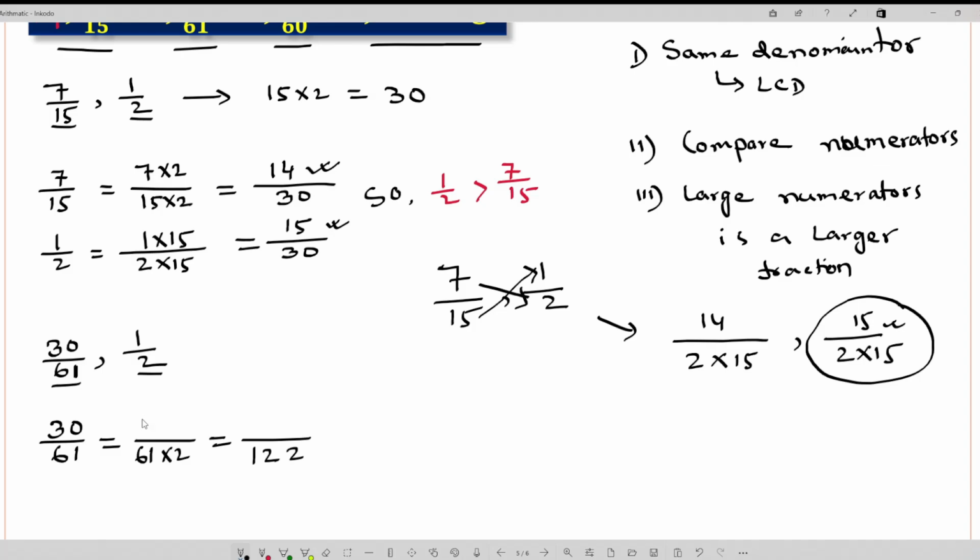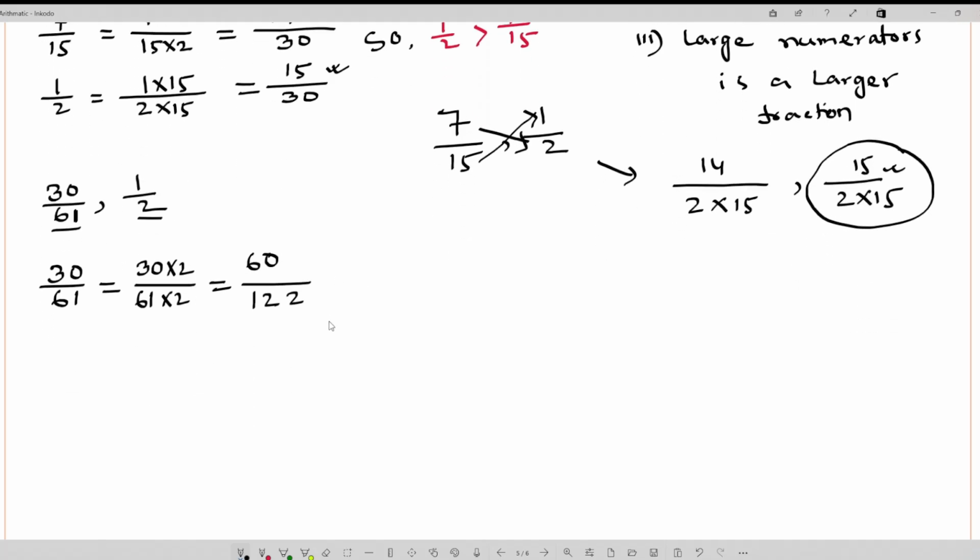So we write 30 times 2, which is 60. Similarly, 1 divided by 2 becomes 122, so 2 times 61 and 1 times 61, which is 61. So 61 is the larger one. Here 30 divided by 61 and 1 divided by 2, 1 divided by 2 is larger.